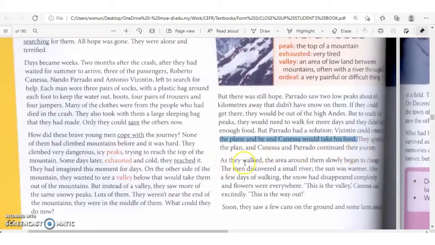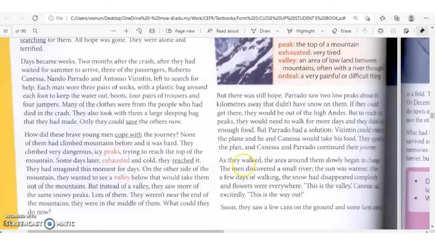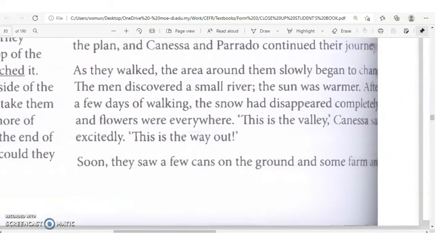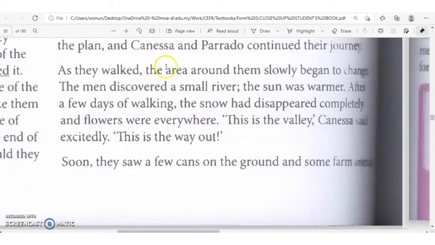Okay, so let's proceed to the next paragraph. Okay, let me zoom in the text for you. As they walked, the area around them slowly began to change. The men discovered a small river. Okay, so it mentions small river here.